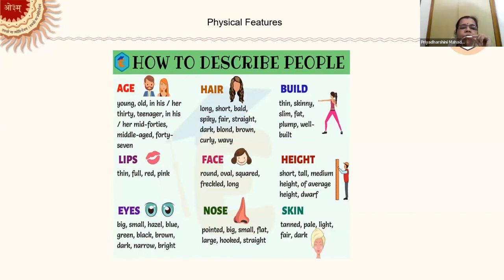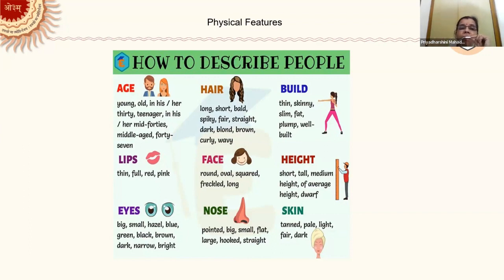And then they are supposed to describe their eyes, no? Big eyes, small eyes, blue eyes, black, brown eyes. So they should be able to describe their physical features. Even about their lips, they can say thin, full, red color, pink color, something like that.